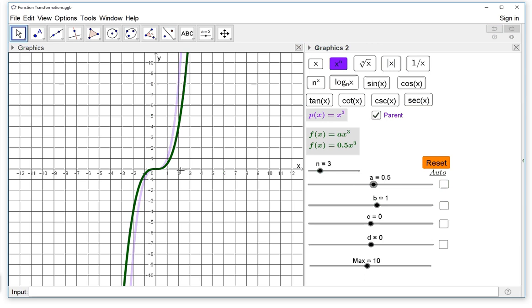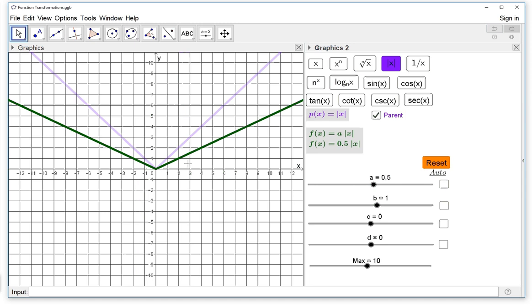For example, p of 2 is 8, f of 2 is 4. Now on the flip side, for the negative x values, p of negative 2 is negative 8, but you still cut it in half to get negative 4 for your f value. So it's still cut in half because there's a 1/2 in front of the x cubed.